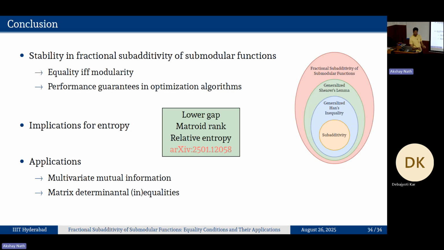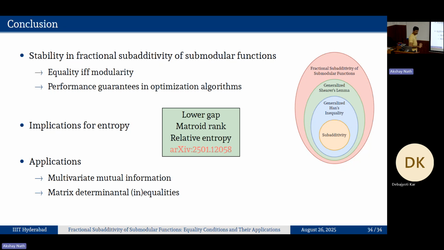I only spoke about the inequality h of x1 to xn at most summation alpha f h of xf. On the other side, h of x1 to xn is at least summation beta f h of xf, where beta f is a fractional packing, and with lambda on both sides, that inequality is also true. That is what we call the lower gap.